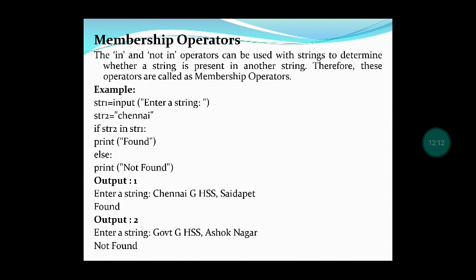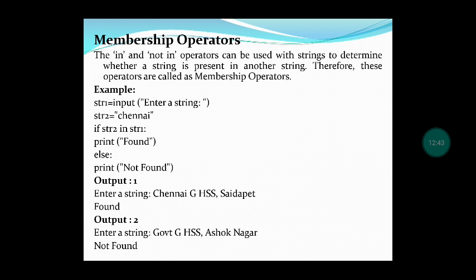In string2 equal to Chennai, we have given in the program, second line, and we are checking if string2 in string1. We are checking whether string2 is in string1 or not. What is in string2? Chennai. In string1, Chennai GHSS Saidapet is there. So Chennai is found in string1. So we are getting the answer as found.